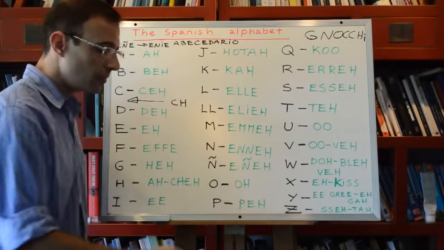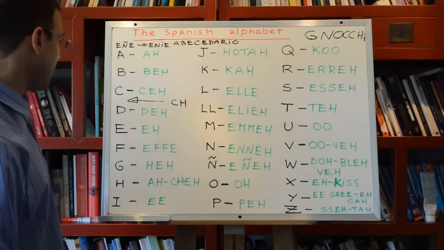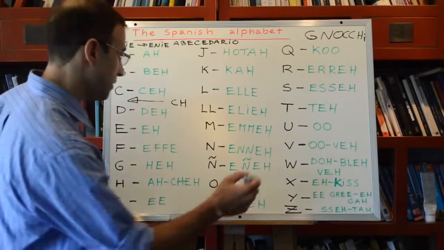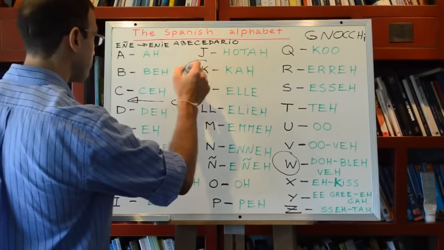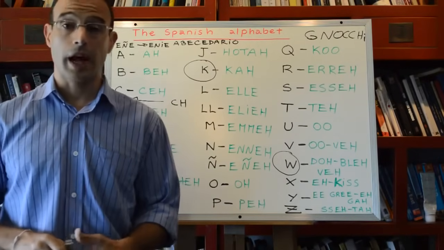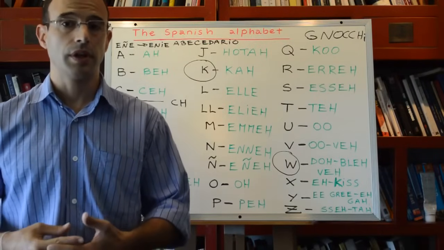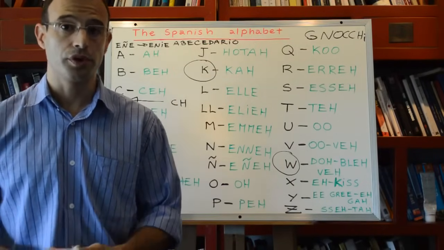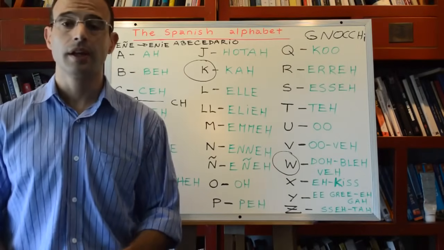The letter W and the letter K in Spanish are controversial letters from our alphabet, because there is no original Spanish word with W or with K, okay?